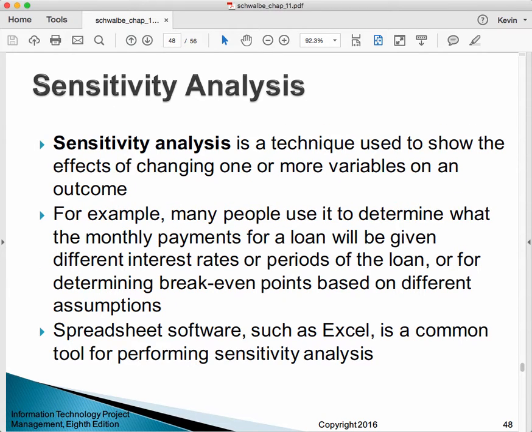Now, the analysis that we typically associate with spreadsheet tools is sensitivity analysis. Now, I remember when I went to business school, sensitivity analysis was a big deal.